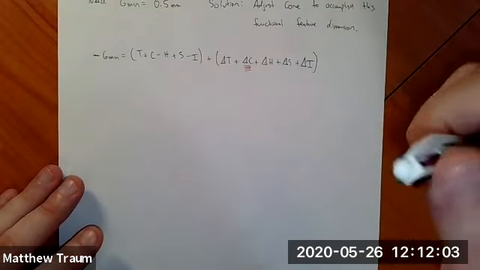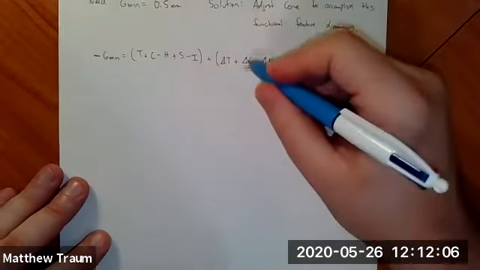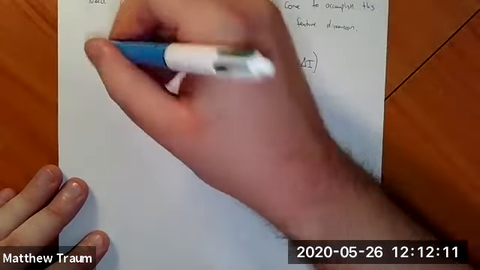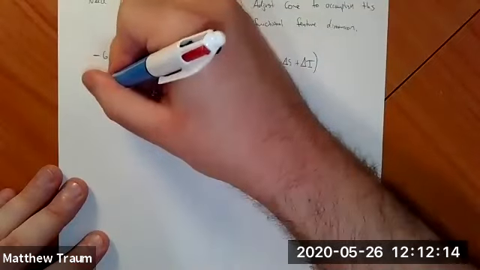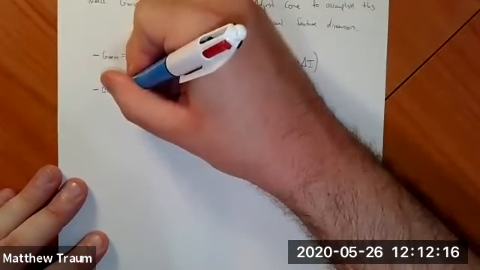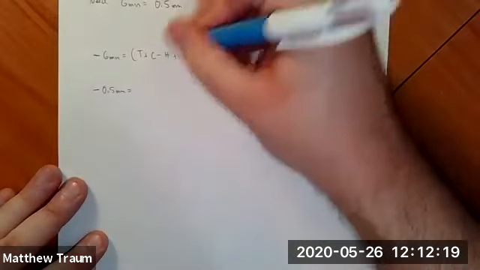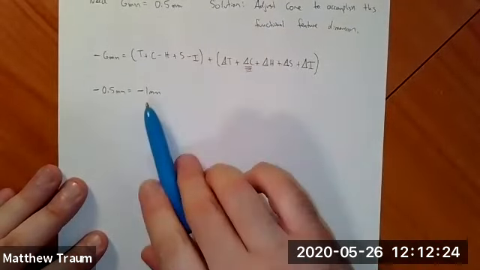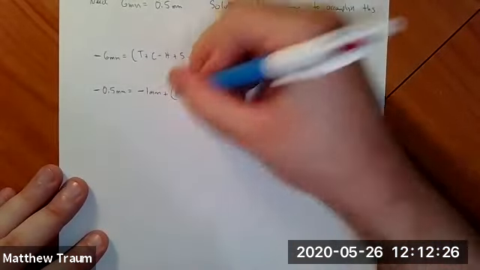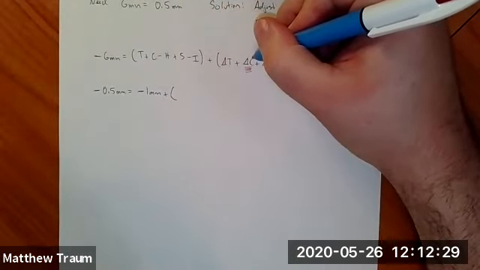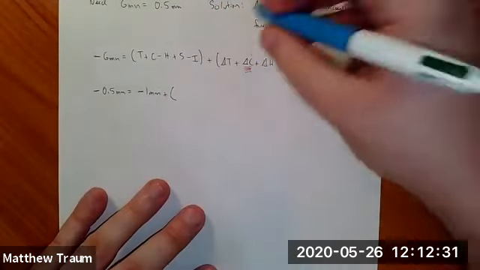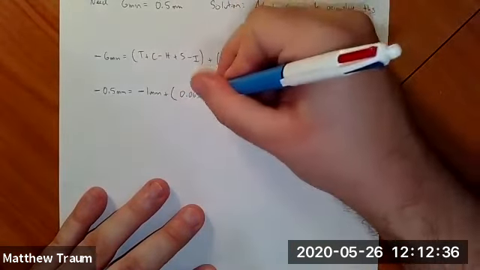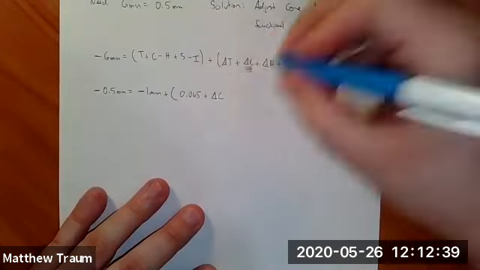And so as a result, I've already got all the numbers, with the exception of this one, so I can just solve this for delta C. Minus G min, I want it to be 0.5 millimeters. And that equals, if we remember, going through all this it worked out to be minus 1 millimeter. So the sum of all these nominal dimensions is minus 1 millimeter. And then let me put these in. Delta T is 0.065. Delta C is the one that I'm solving for, so I'm going to leave that alone.